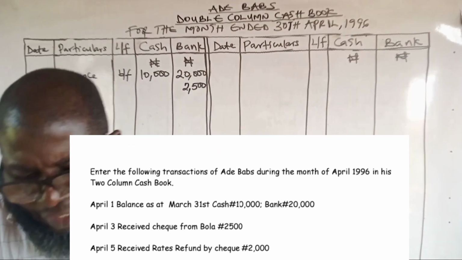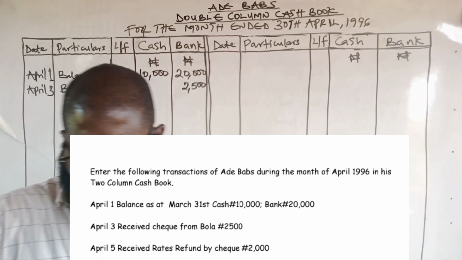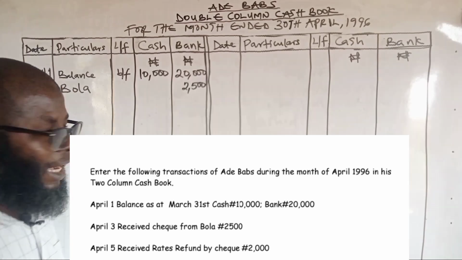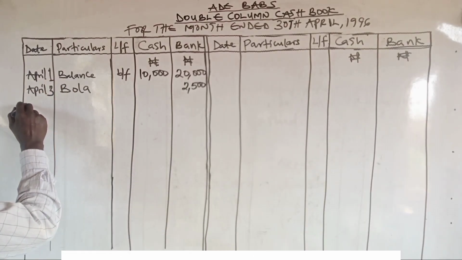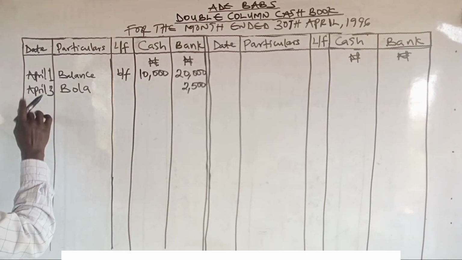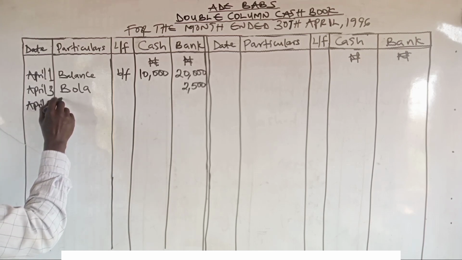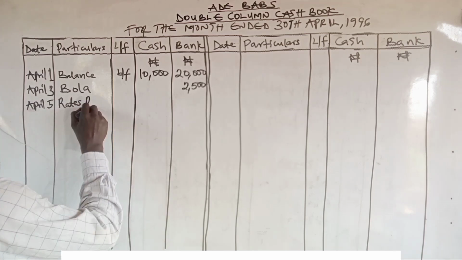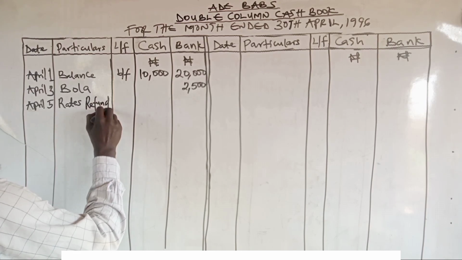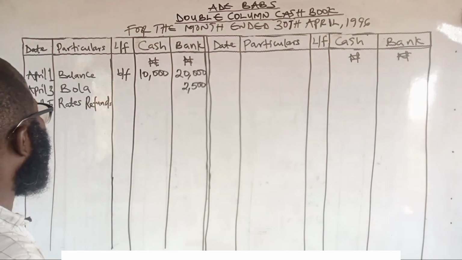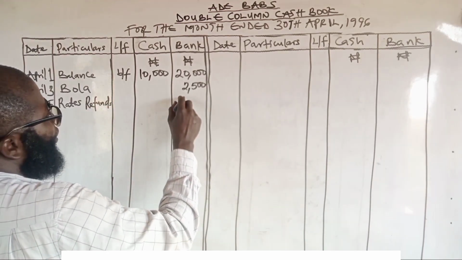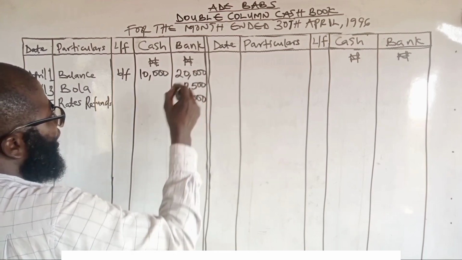Now, April 5, received rates refund by cheque, 2,000 naira. I will come here, April 5, rates. This rates refund is through cheque. You have 2,000 naira here.